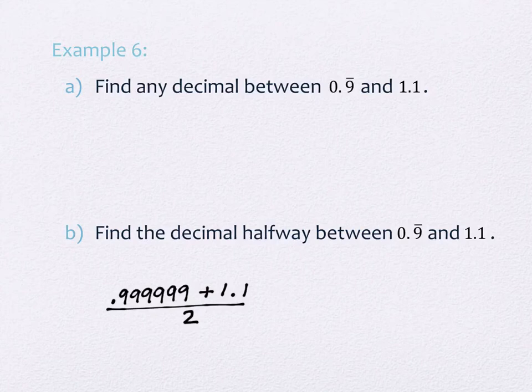Grab a calculator. Type in 0.9 lots of times. More times or less times than what I have, it doesn't even really matter that much. Add the 1.1 and divide by 2. What do you get? Okay, 1.049 repeating.